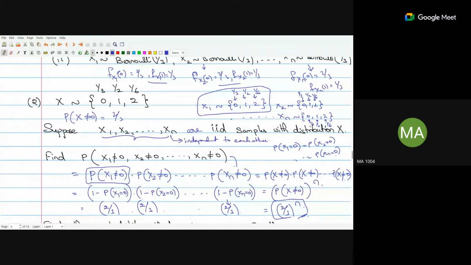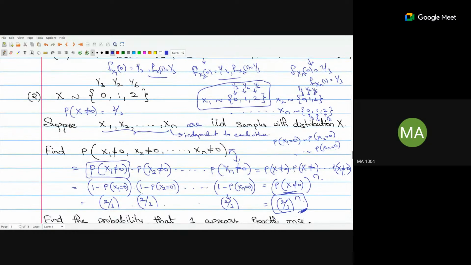For independent, we reduced our joint to a product of marginals, and each of the marginals is identical. So instead of taking all n random variables, I collectively took them as one random variable to the power n. You see how simple we made the joint: if you know the distribution of X, you can compute the probability, and you just take the power.